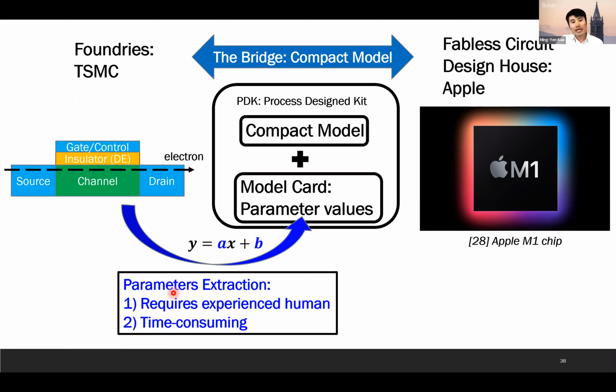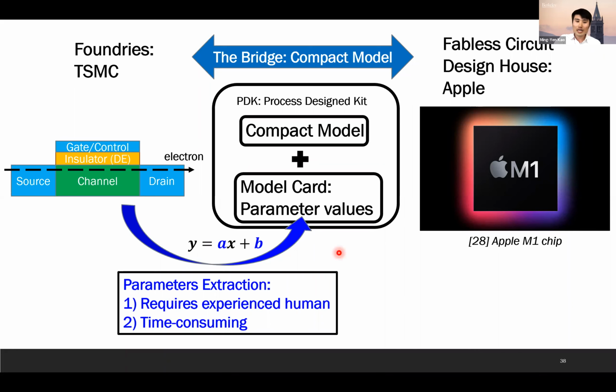And that parameter extraction requires experienced humans, because you can imagine there are 1,000 parameters in the BSIM model, and it really requires the experience and knowledge of how to do the extraction and how to decide those parameter values, and it's time consuming for different geometries of the device.